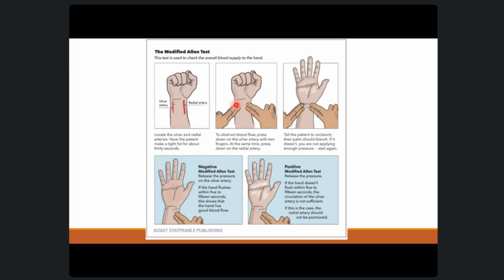So you compress them all at once. Ask the patient to make a fist, then compress, then open, then release. What do you release first? The ulnar. So the ulnar is released. So what is expected?